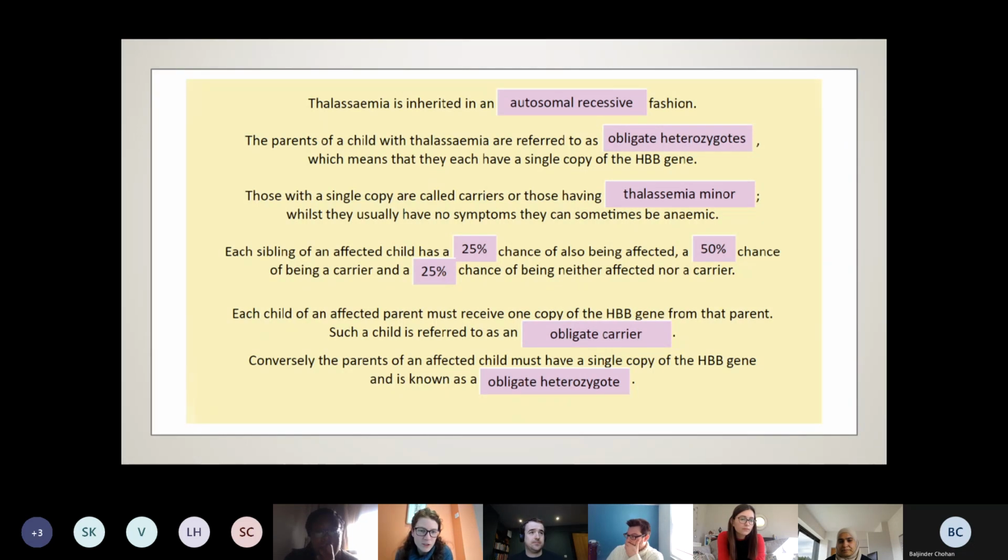Each sibling of an affected child has a 25% chance of also being affected, a 50% chance of being a carrier, and a 25% chance of being neither affected nor a carrier. Each child of an affected parent must receive one copy of the HBB gene from that parent. Such a child is referred to as an obligate carrier. Conversely, the parents of an affected child must have a single copy of the HBB gene and are known as obligate heterozygotes.